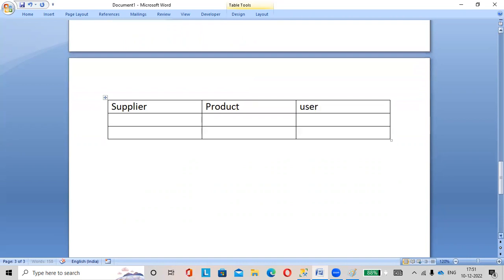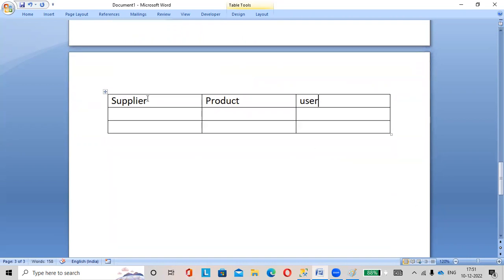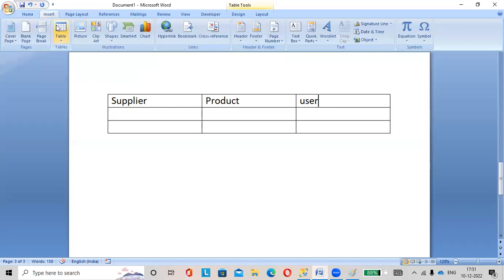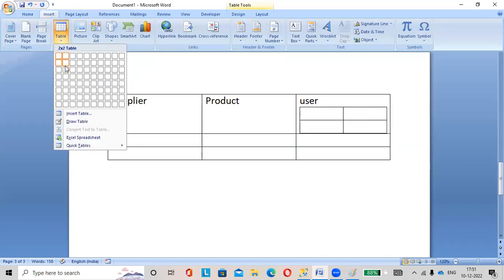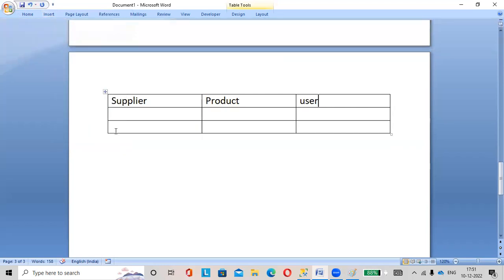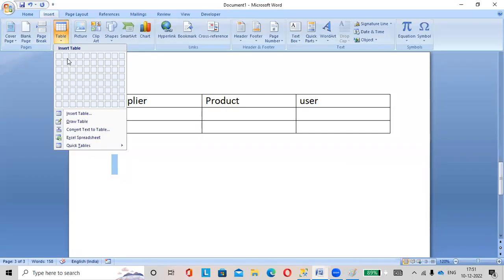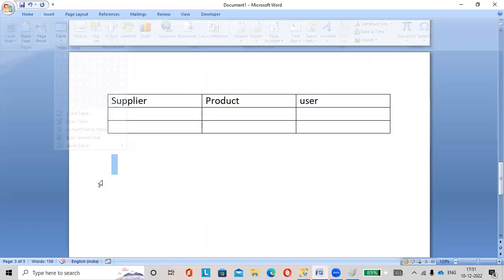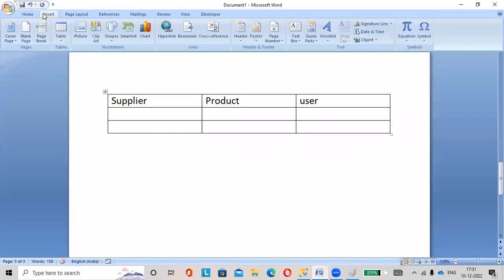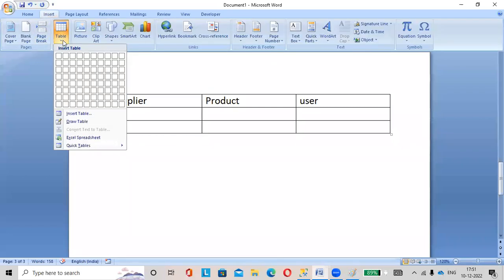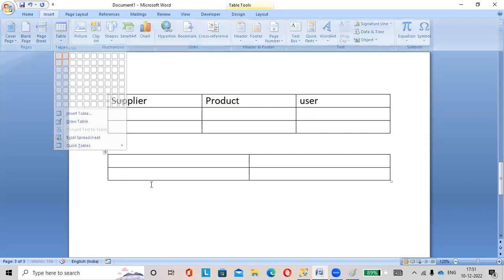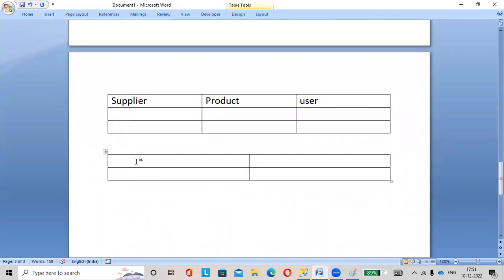This table we are breaking into 3 tables. Supplier and product.